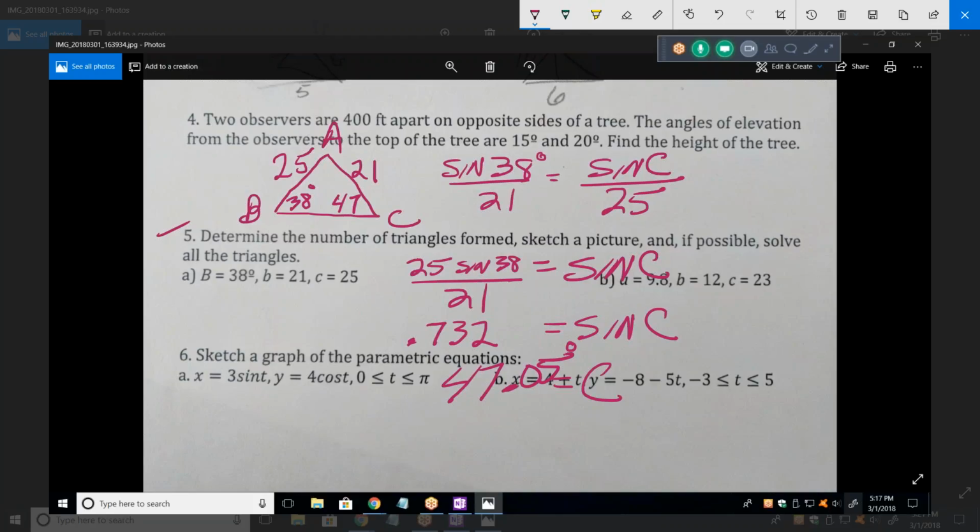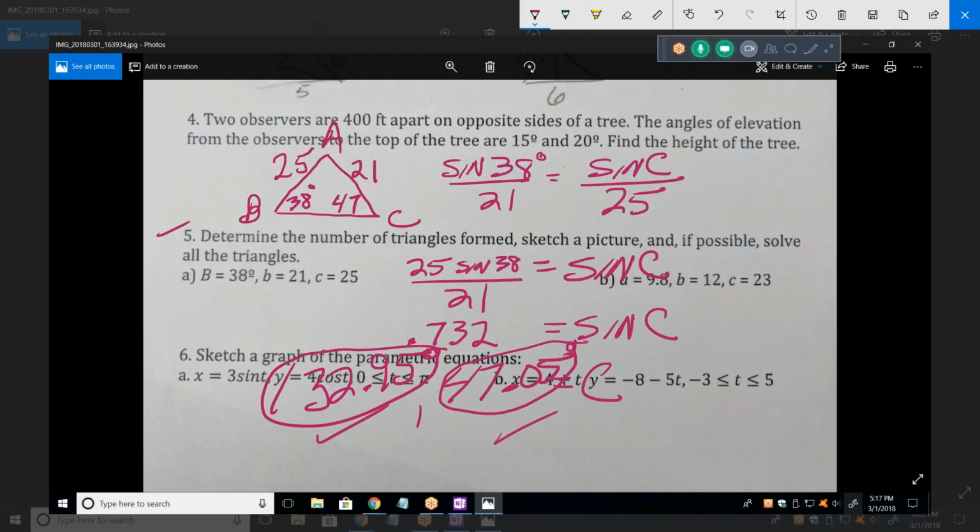So the other answer for C is definitely 132.95. In other words, come up with both angles that work. If you take the sine of 132.95, you'll get 0.732. This is the first quadrant answer. That's the second quadrant answer.